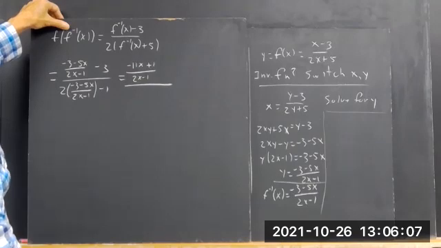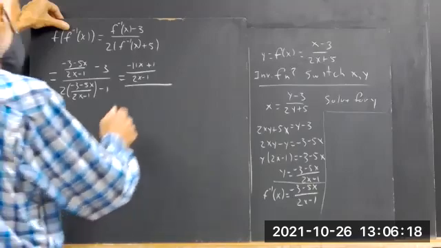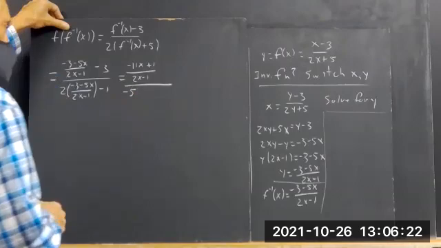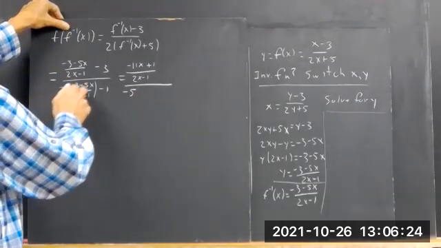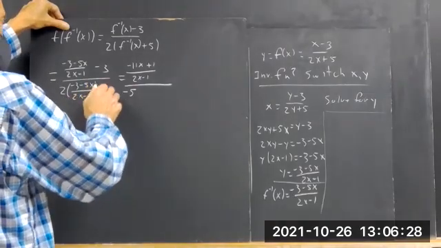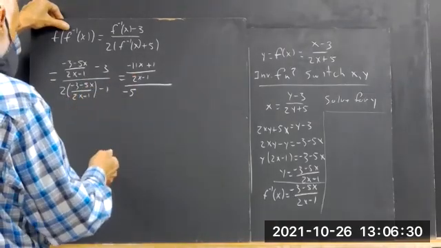Well, it's going to be negative 5. 2 times negative 5x is negative 10x. You're going to get (2x minus 1) over (2x minus 1). Subtract it.